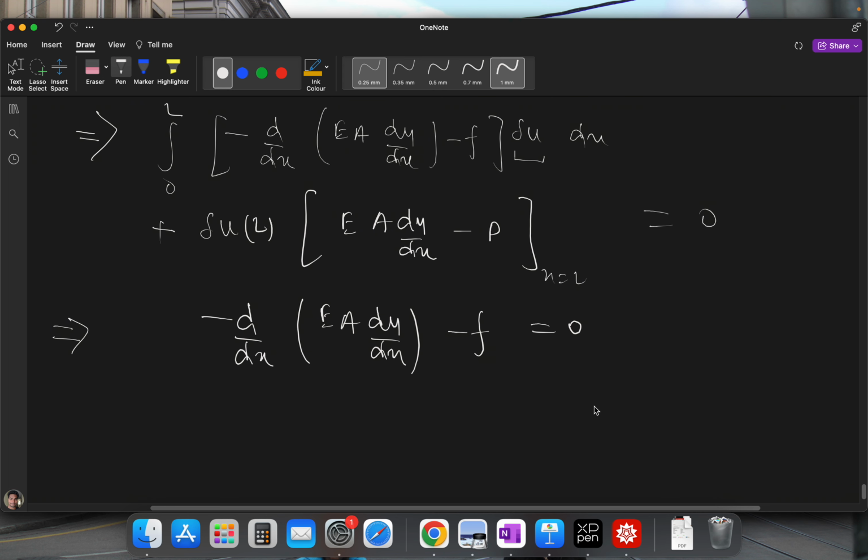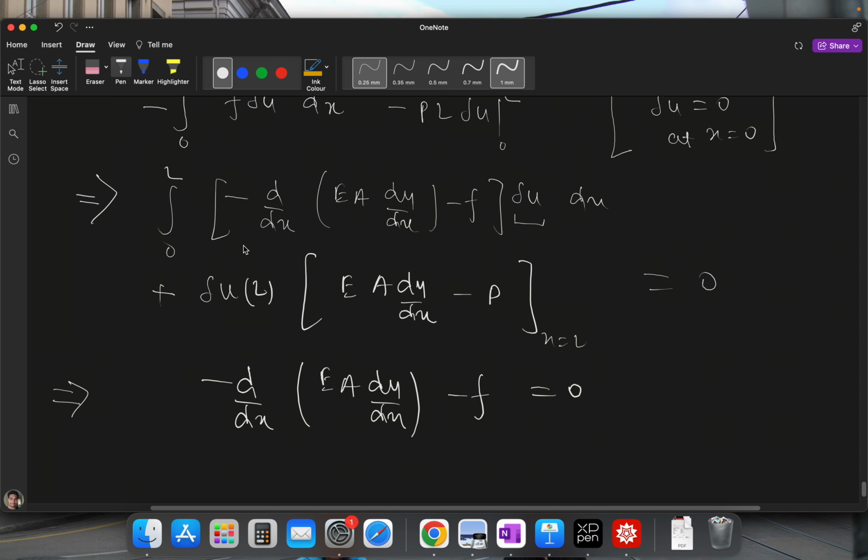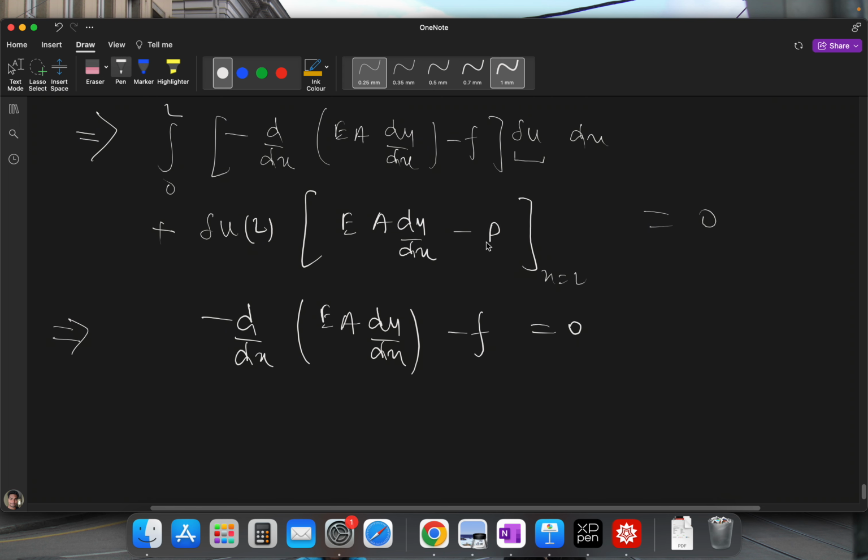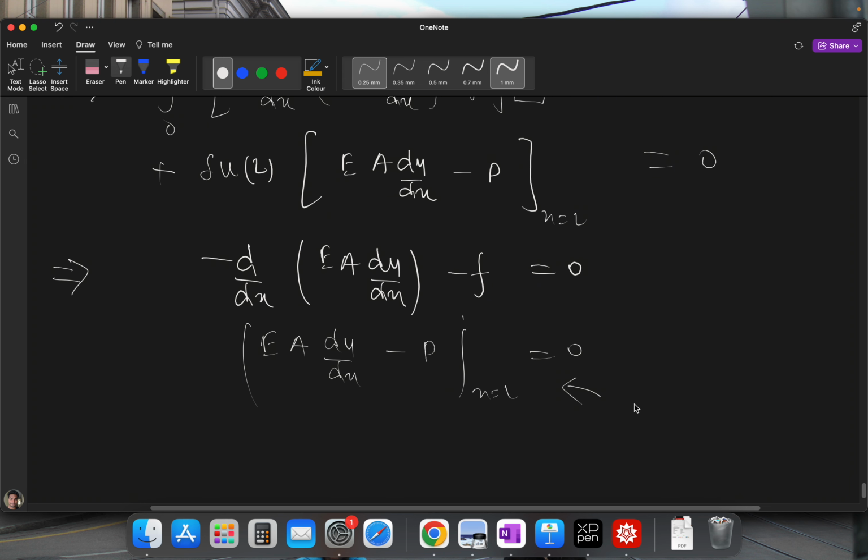And when this becomes 0, for any arbitrary u, because we have not set del u at x equal to L, there is no guarantee that del u at x equal to L will become 0, which means that this part should be 0. So EA du by dx minus P at x equal to L should be 0. This is the natural boundary condition.